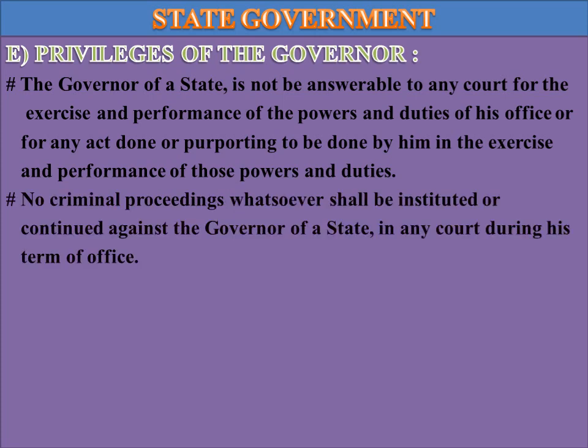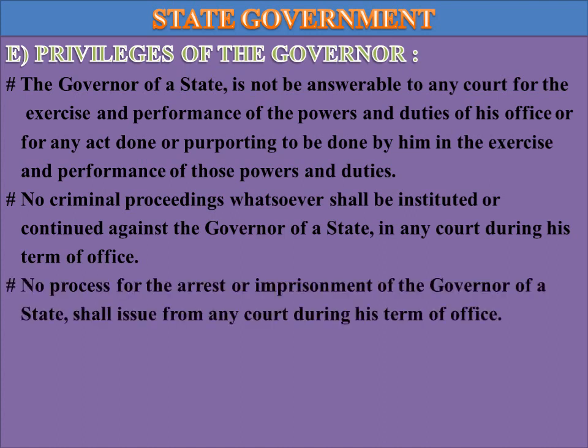The next is, no criminal proceedings whatever shall be instituted or continued against the governor of the state in any court during his term of office. Next is, no process for the arrest or imprisonment of the governor of the state shall issue from any court during his term of office.